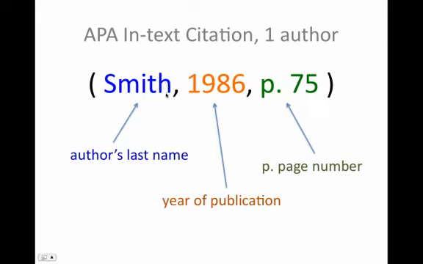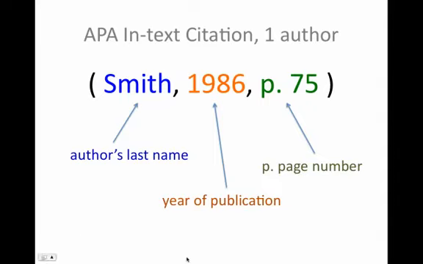But now I add a comma and I insert the year of publication, another comma, and then I put a P, period, space before my page number. So APA wants even more information and there's even more formatting going on. You've got these commas, you've got a P, you've got a period.